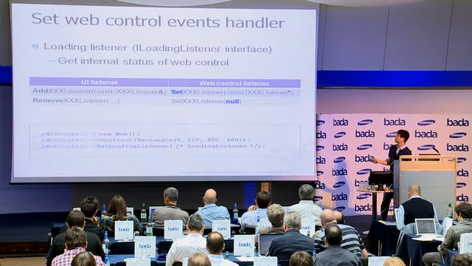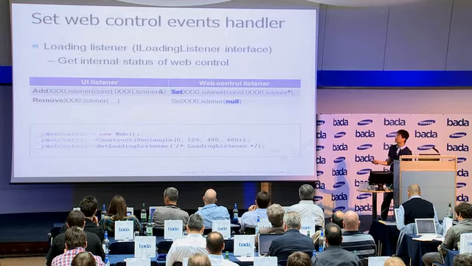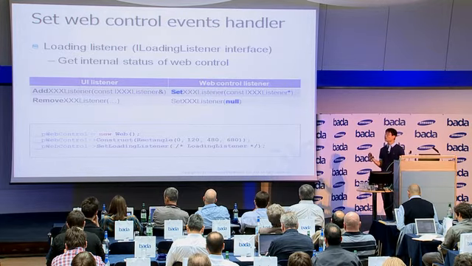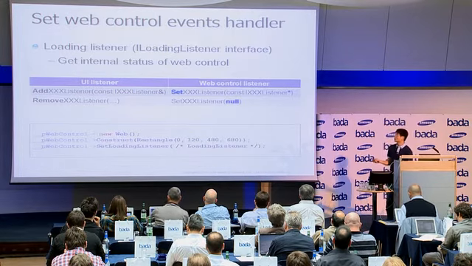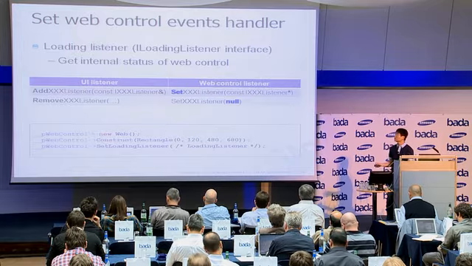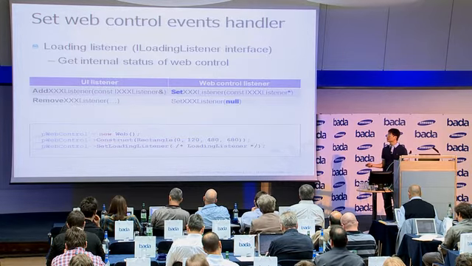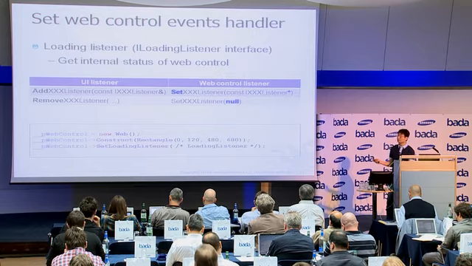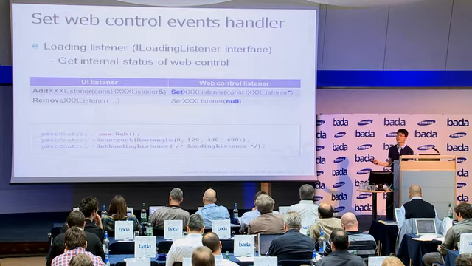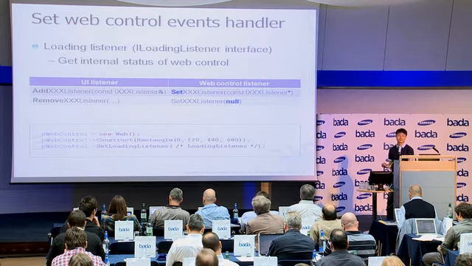The reason is that the general UI can have multiple listeners, so they use add. But on the web controller, only one listener can exist, so it's just set. And to remove the listener, there is a remove API in the general UI listener, but on the web controller listener, there is no remove method. Just set null, then the listener will be removed.